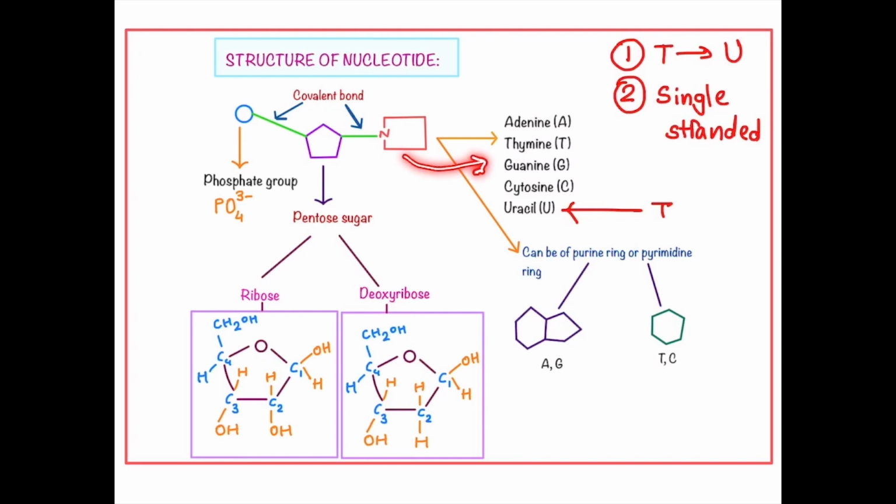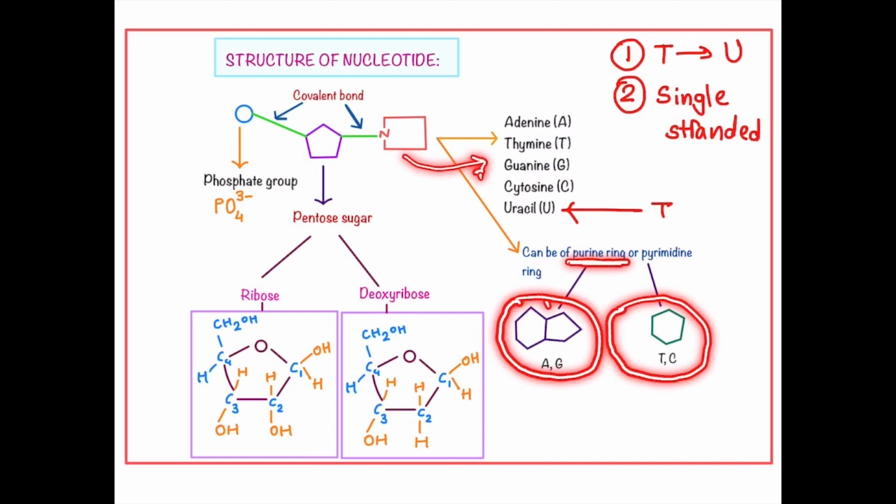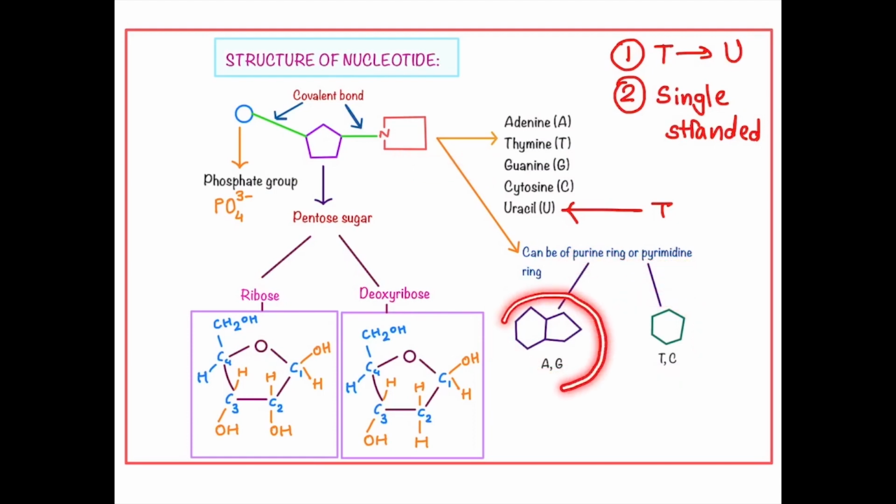G. Now another thing we have to know about this nitrogenous base is that out of these four nitrogenous bases, two have a purine ring in their structure and two have a pyrimidine ring in their structure. So what is the difference between this purine ring and pyrimidine ring? Purine rings always have this kind of structure, a 6-member ring attached with a 5-member ring, while pyrimidine ring is only a 6-member ring.